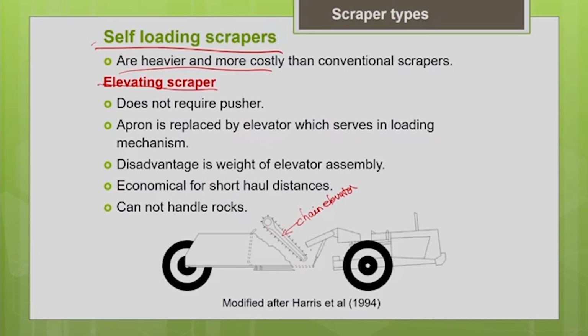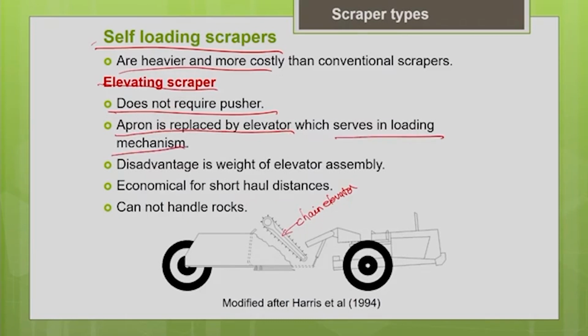It will facilitate the entry of your material into the bowl. As usual, you have an ejector, which will help you to dump the material when dumping is needed. Basically, this does not require the help of a pusher. That is why we call it a self-loading scraper. Here, the apron is replaced by an elevator, which helps you to load.